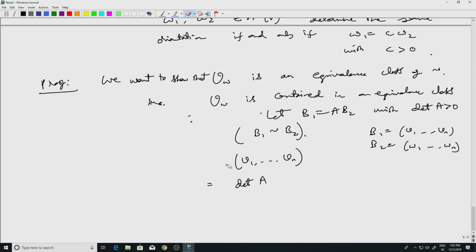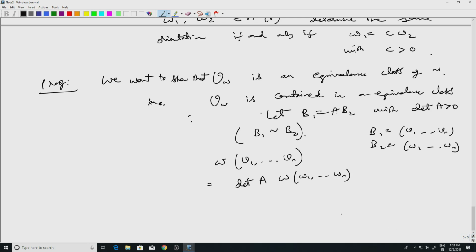What I want is omega. Omega of this is equal to det A times omega of W1, ..., Wn. We have done this several times in the previous lecture.